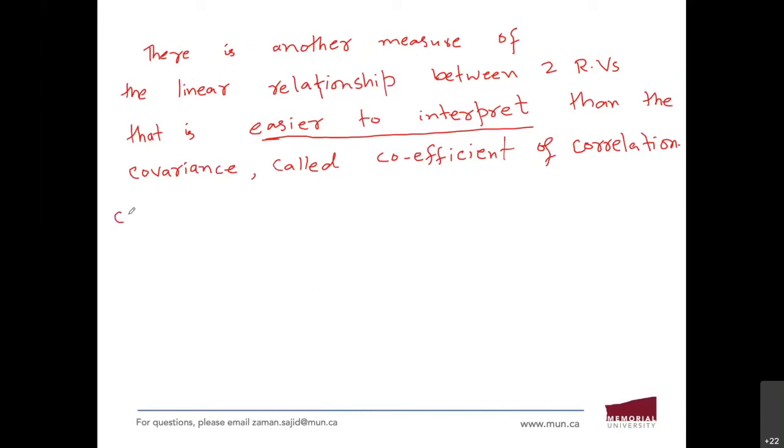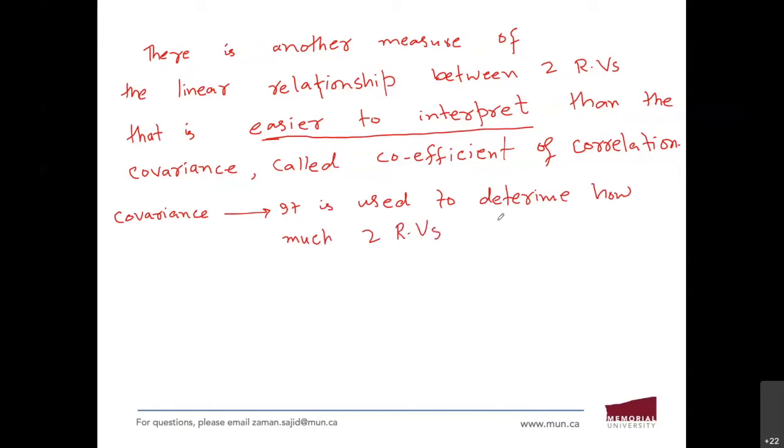The covariance is used to determine how much two random variables vary together.